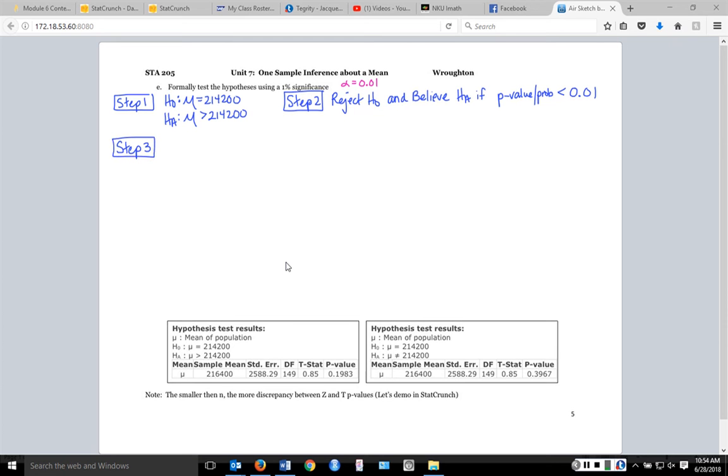All right, for step 3, we're going to start with those conditions. So I'm first going to just list them, and then we'll check them.